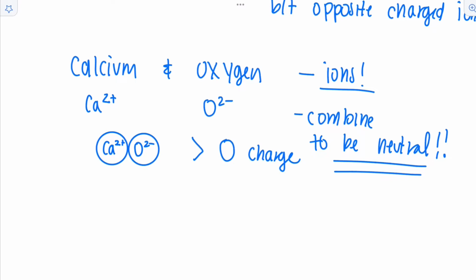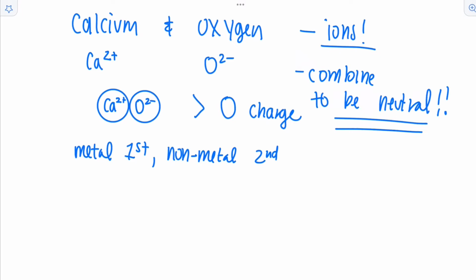When you're writing salt formulas, you always do the metal first and the nonmetal second. The salt formula should never have charges in it because overall it is neutral, and you write it with the symbols. So it would be CaO. And then we have to name it. Naming convention follows the order of salts.